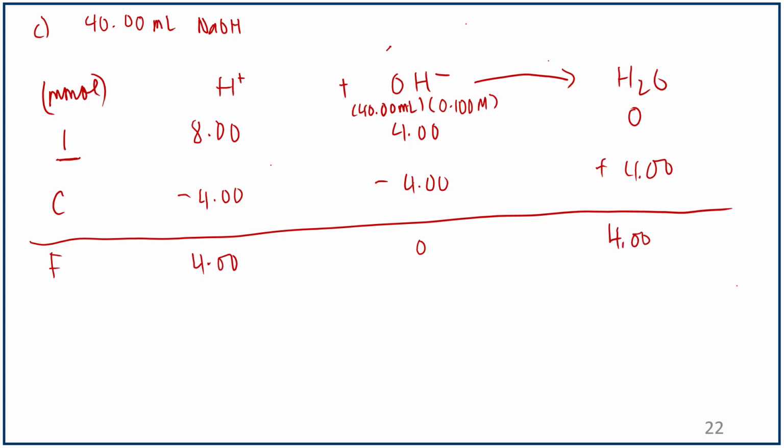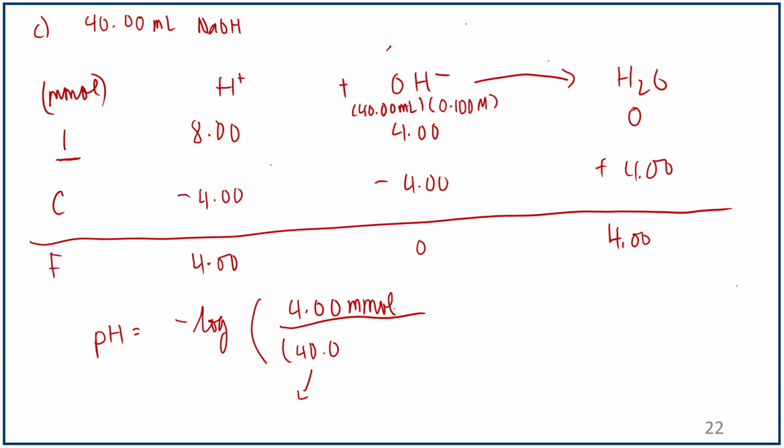So therefore here, the pH of the solution should again be negative log of the hydronium ion concentration, or H plus concentration, which is 4.0 millimoles divided by again the total volume here, which is 40.0. Notice that this was the original, or the initial volume anyway, of H plus to begin with.